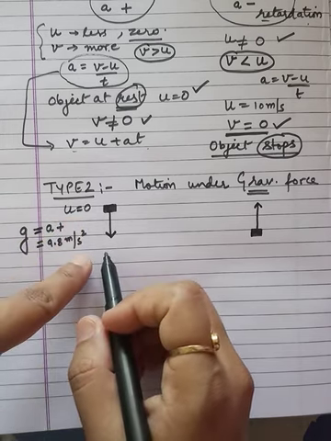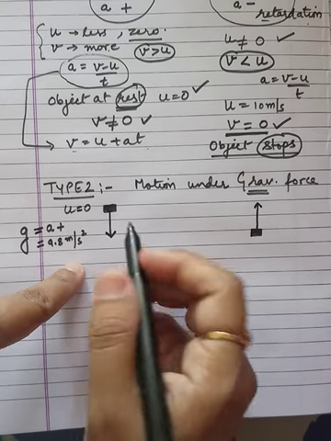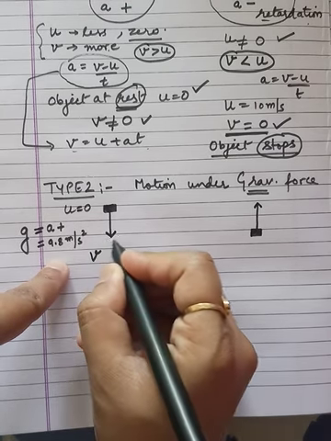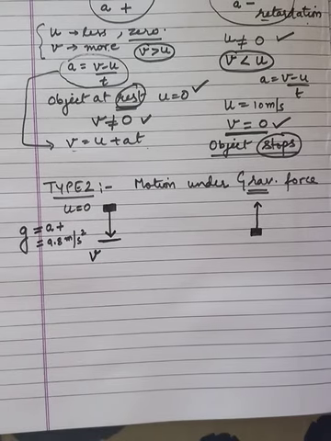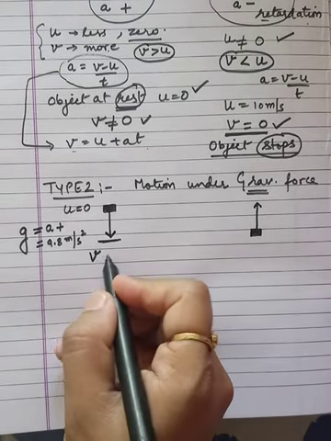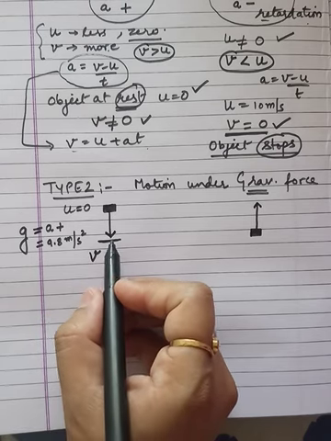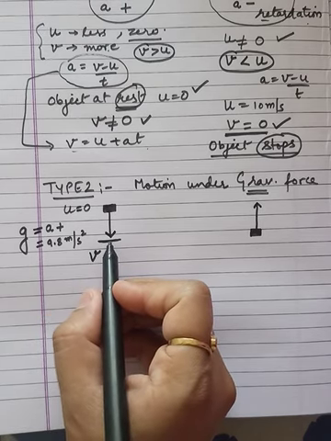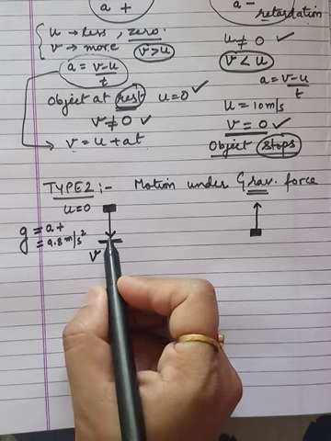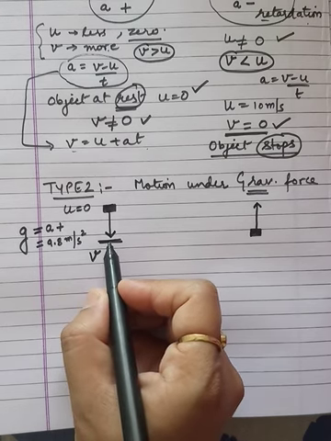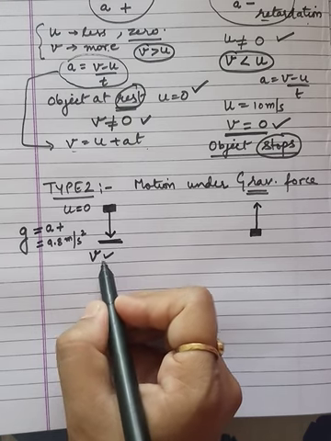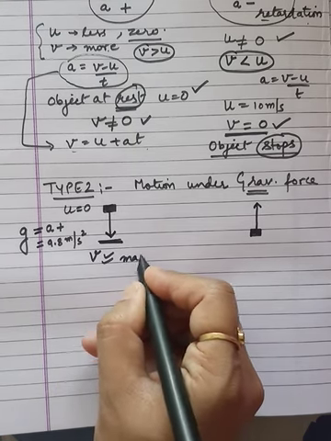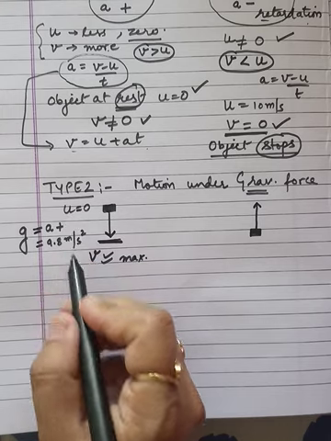And because velocity is always increasing, there must be some final velocity value when the object reaches the ground. So some value of v just before touching the ground. You can see over here I am not making the arrow touch the ground. Just before touching the ground, the velocity will be the maximum velocity that can be achieved in this case.